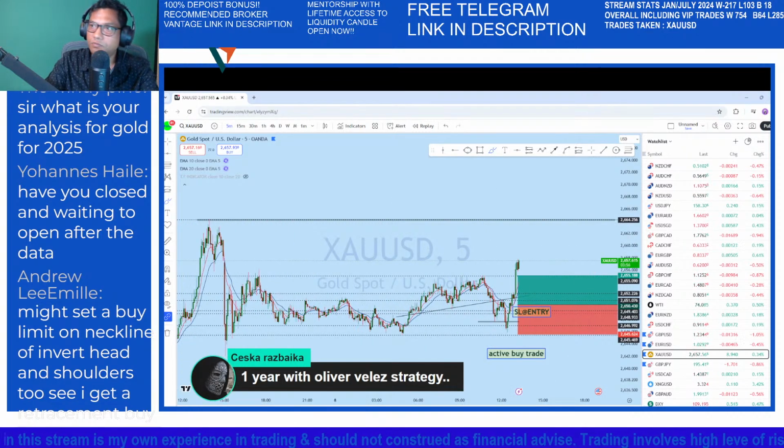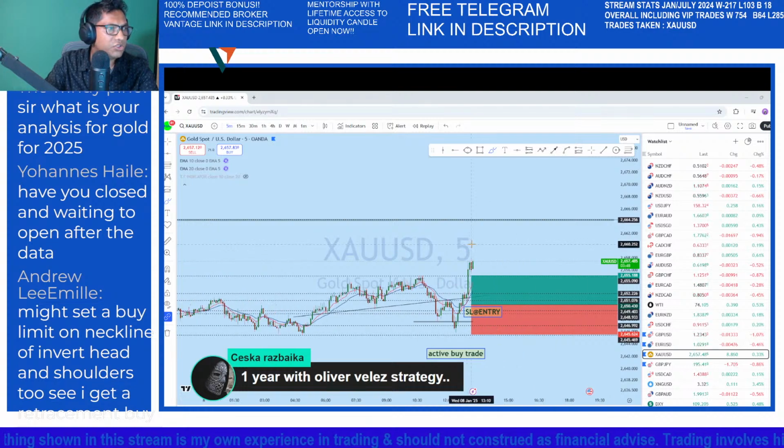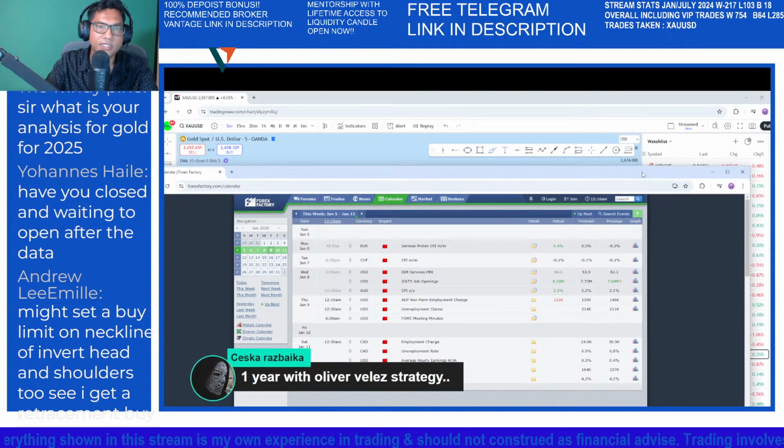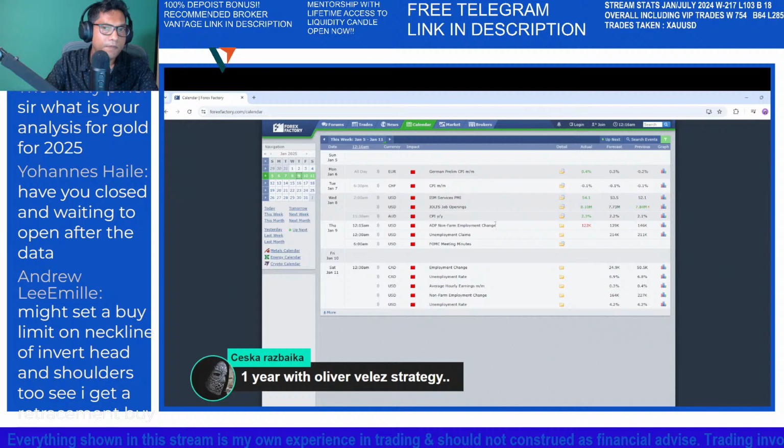So here, let's look at what's happened in the market. Has the data come out? Because there isn't much reaction in the market. So you can see here, Arabian non-farm employment change 122k, forecast was 139k. I think we're waiting for this one, unemployment claims, and then we might see that move.